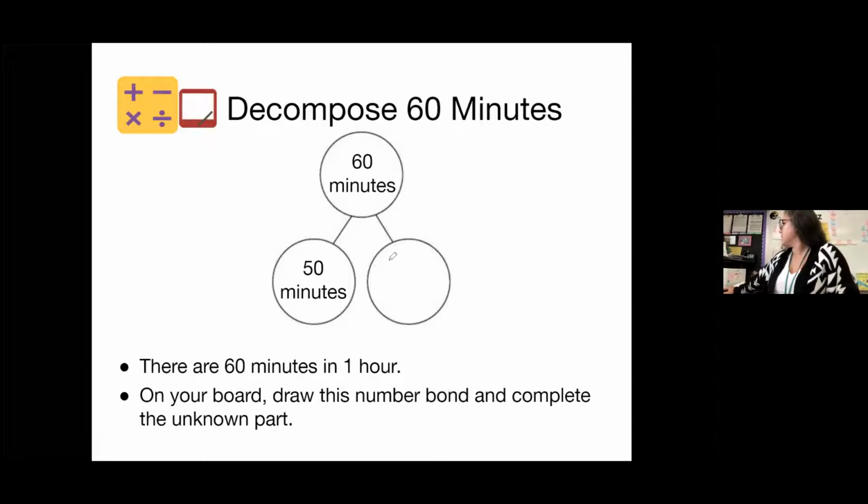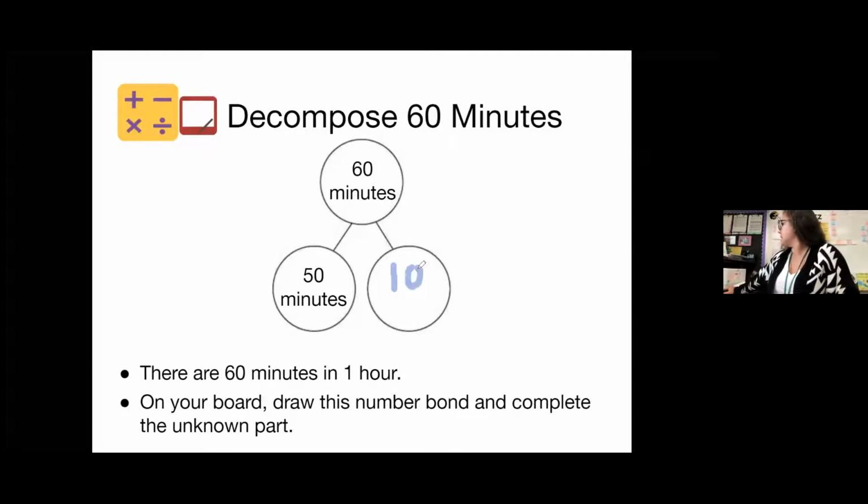All right, 60 breaks apart into 50 minutes and 10 minutes. Now I'm writing with my mouse, so my handwriting's not good, so I'm going to shorten it to min and put a period after that, 10 min, or 10 minutes. Because 10 plus 50 equals 60.